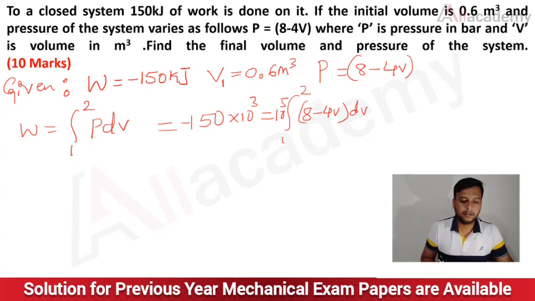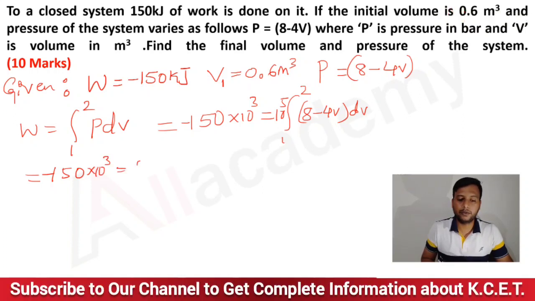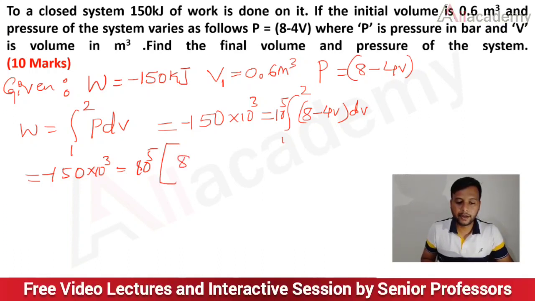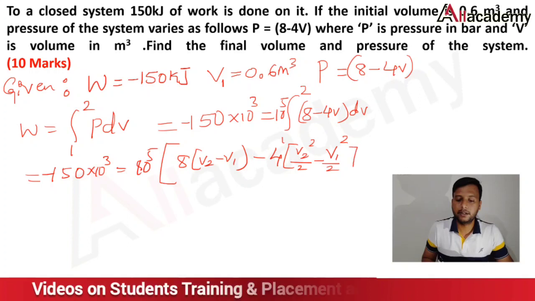If I simplify this, minus 150 into 10 raised to 3 will be equal to 10 raised to 5 times, integrating, 8 (V2 minus V1) minus 4 times (V2 square divided by 2 minus V1 square divided by 2).